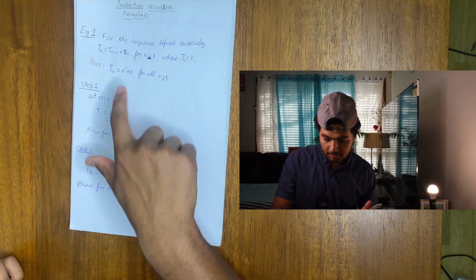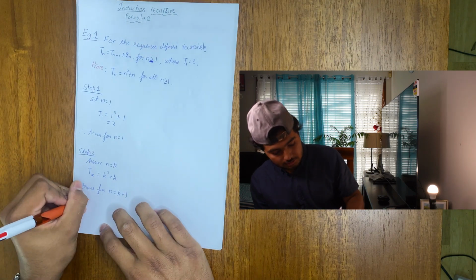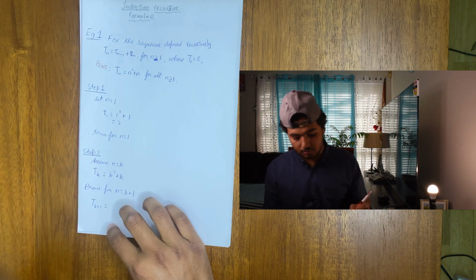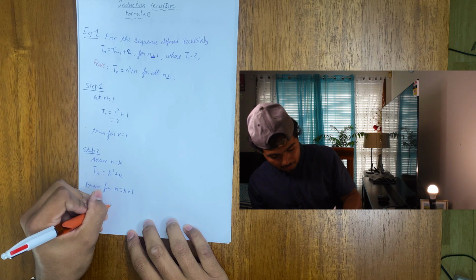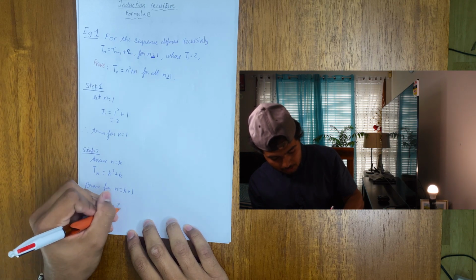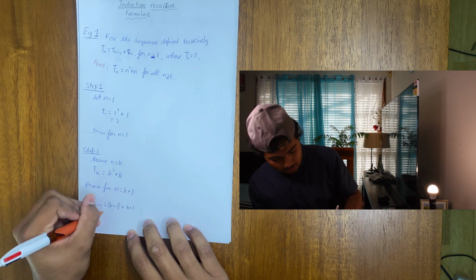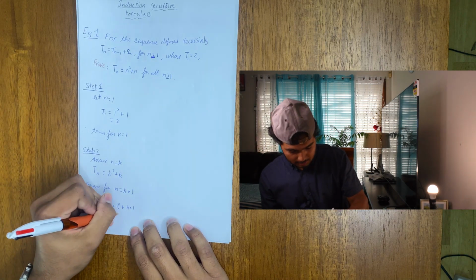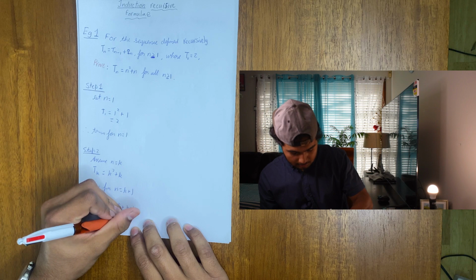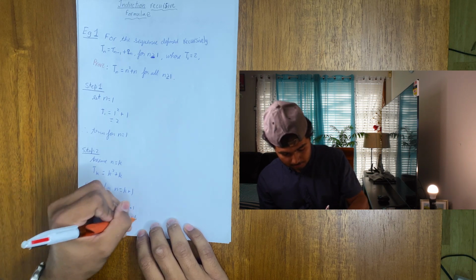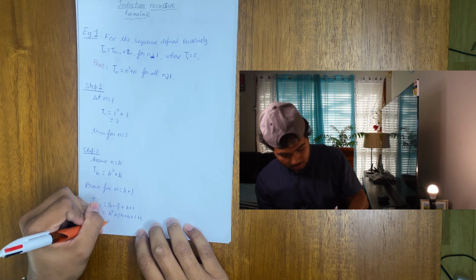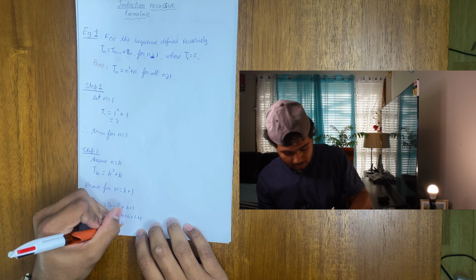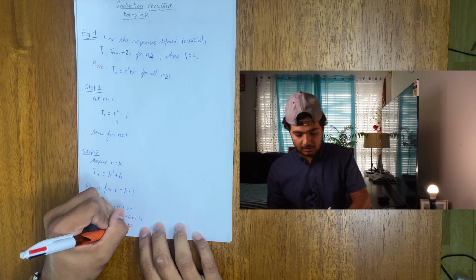Sub that into this again. So t of k plus 1 equals k plus 1 all squared plus k plus 1. We get k squared plus 2k plus k plus 1 plus 1. So we get k squared plus 3k plus 2.